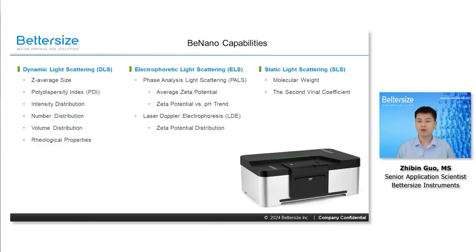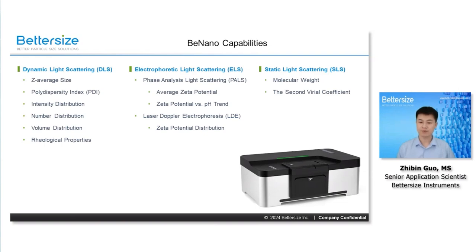The BeNano is equipped with 3 key technologies that provide a wide range of measurement parameters. Dynamic light scattering (DLS) offers measurements like the average size, polydispersity index (PDI), and size distributions by intensity, number, and volume, as well as rheological properties essential for nanoparticle characterization.